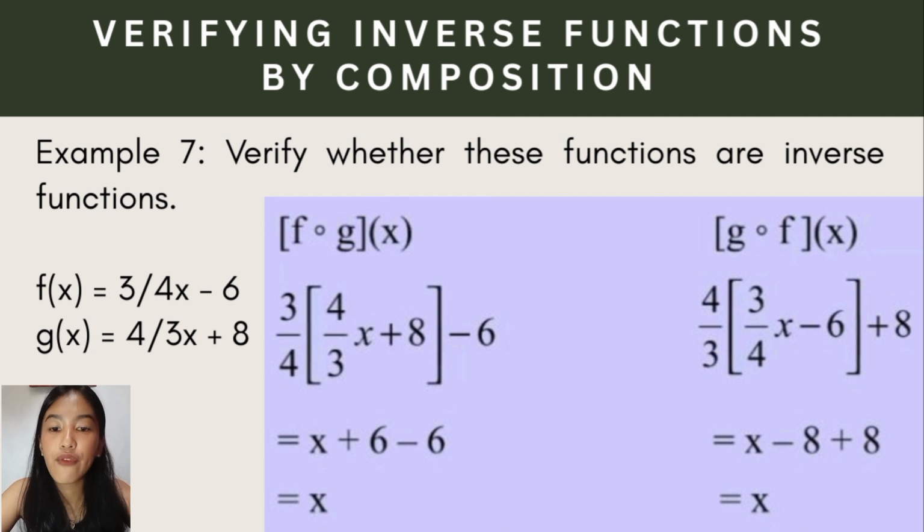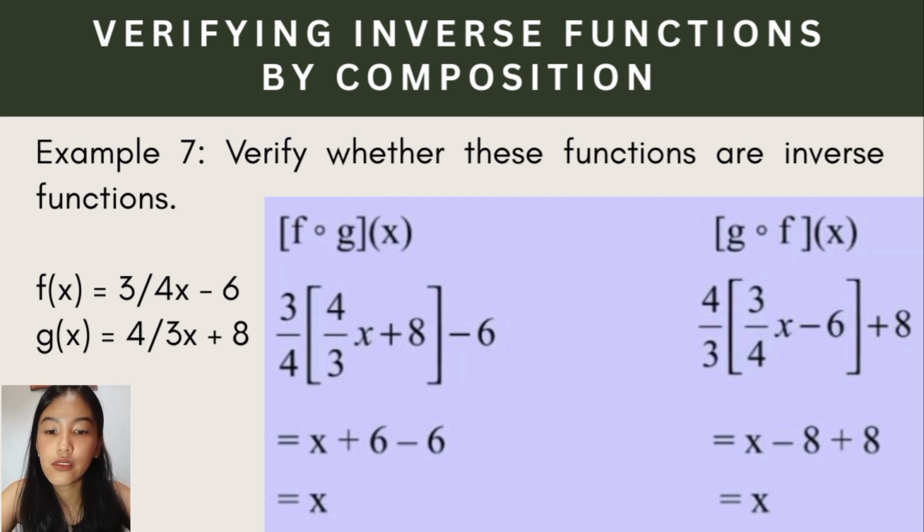So f of g of x, you will have to put the g of x inside of f of x. So you will replace the x in the 3/4 x minus 6 with 4/3 x plus 8. So that's the value for your x when you do f of g of x.